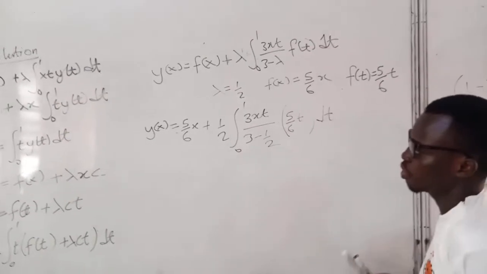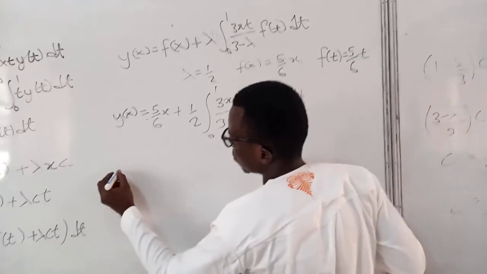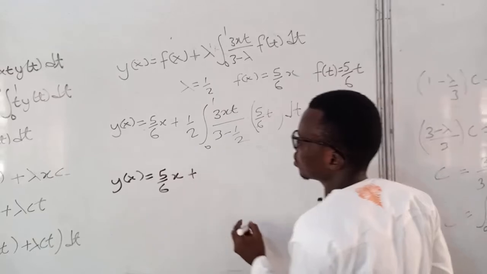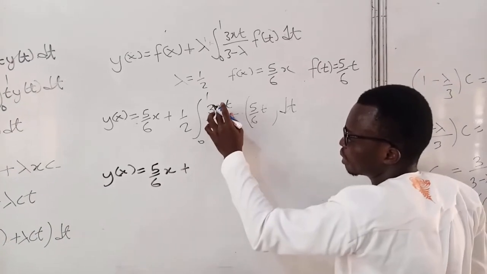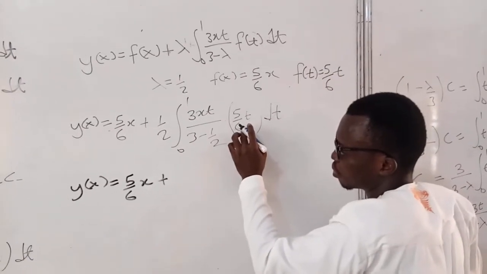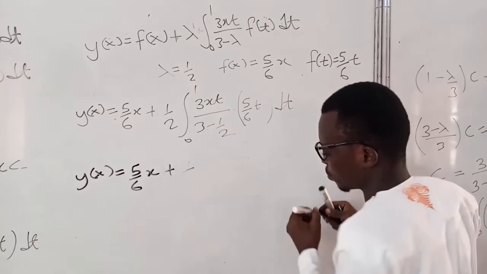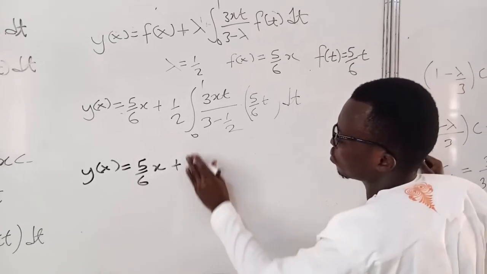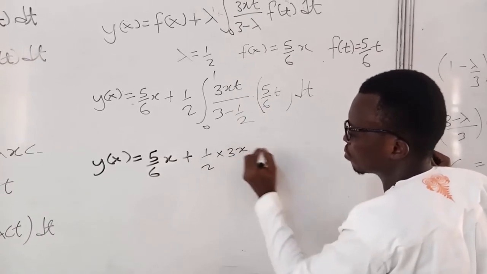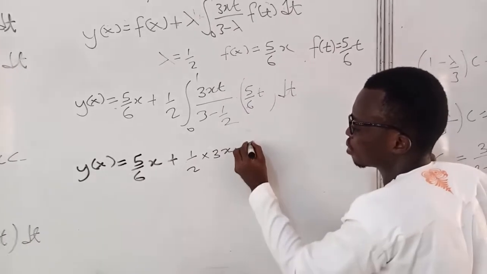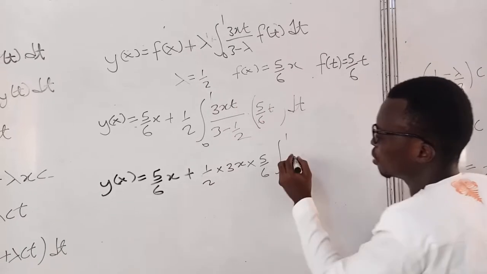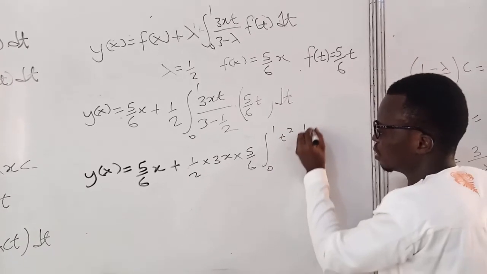So let's evaluate this integral. Here y of s equals 5 over 6 s plus half times 3s times 5 over 6, integral from 0 to 1, t times t will be t squared, dt.